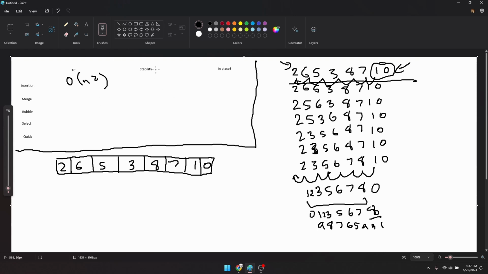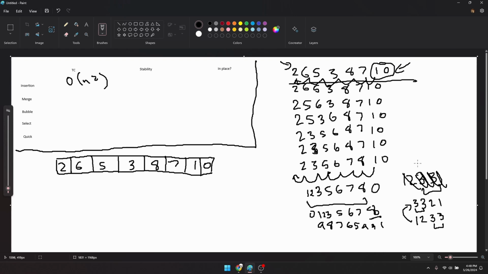Now we can talk about what stability and in-place mean. Stability means that when an array has two equal items, the array might look like this: 3, 3, 2, 1. And after sorting, 1, 2, 3, 3, are we sure that these two equivalent items are in the same order that they were in the unsorted array?